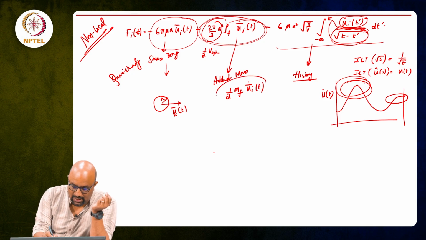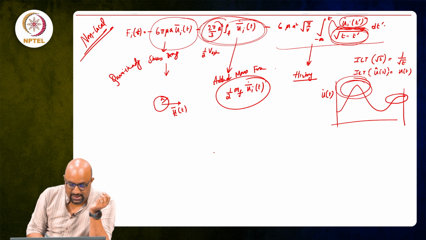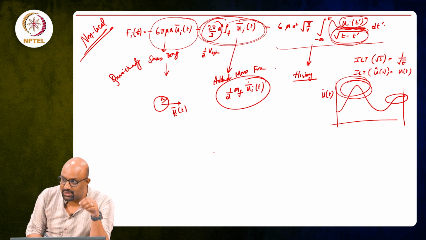So, this is known as the added mass force that the particle is experiencing. So, this is again an instantaneous effect, which tells us that the force that the particle experiences depends on the particle's acceleration at that particular instant.